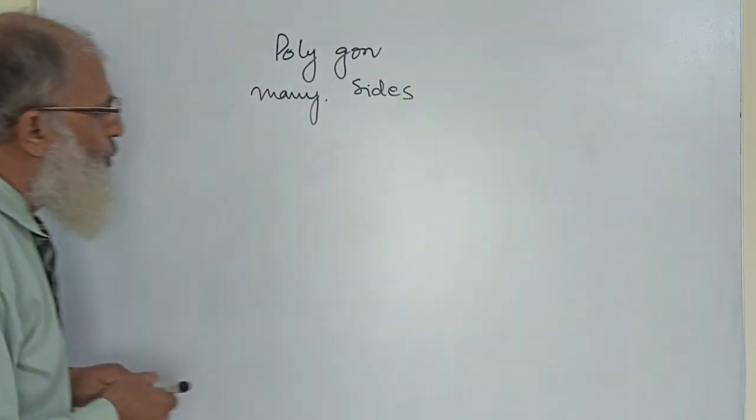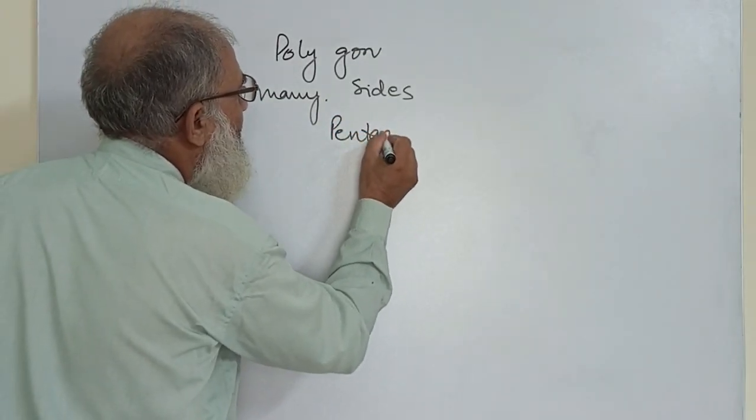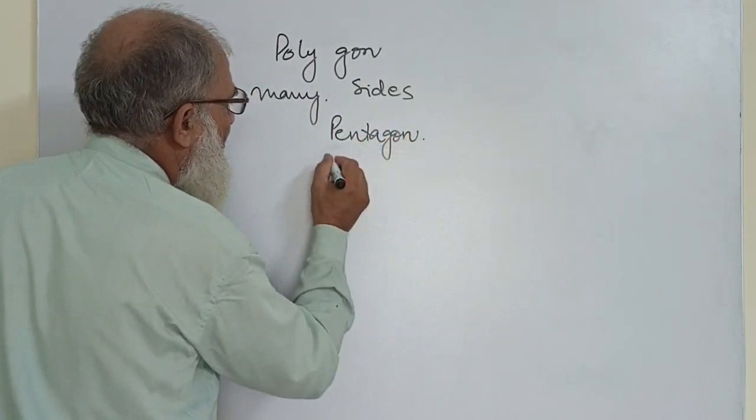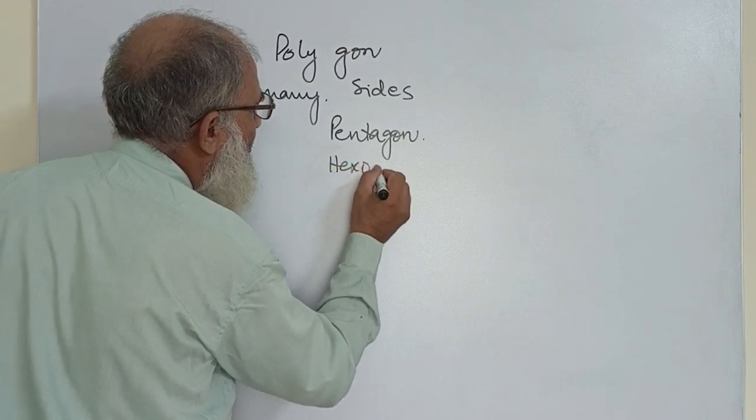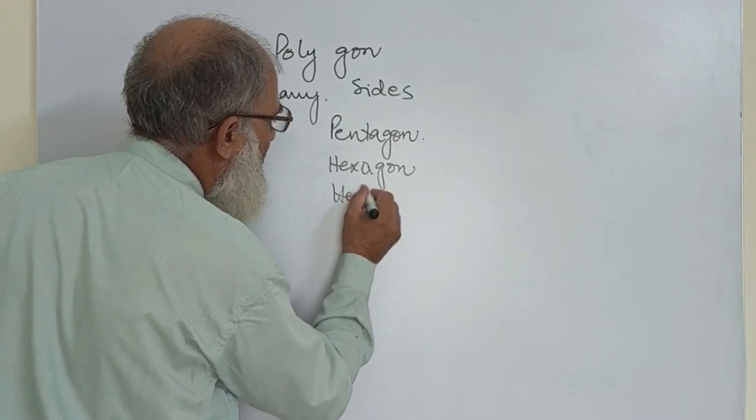Now, what are more than four sides? These are pentagon, hexagon, heptagon.